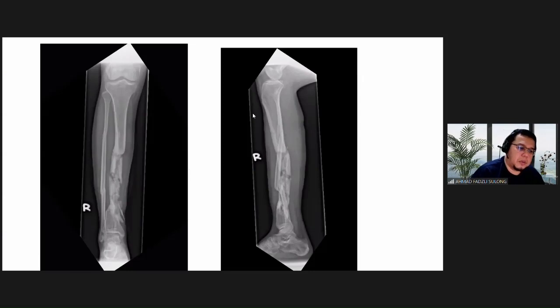So this patient had a history of motor vehicle accident about 5 years ago, in which he sustained an open fracture of the tibia. Was managed accordingly with external fix and then followed by internal fix. However, was complicated with persistent sinus discharge following insertion of internal fix.